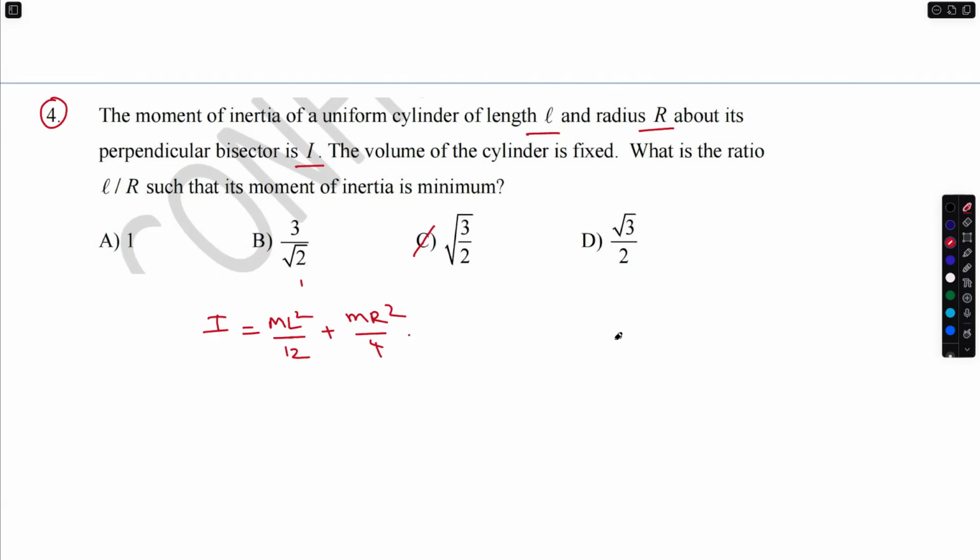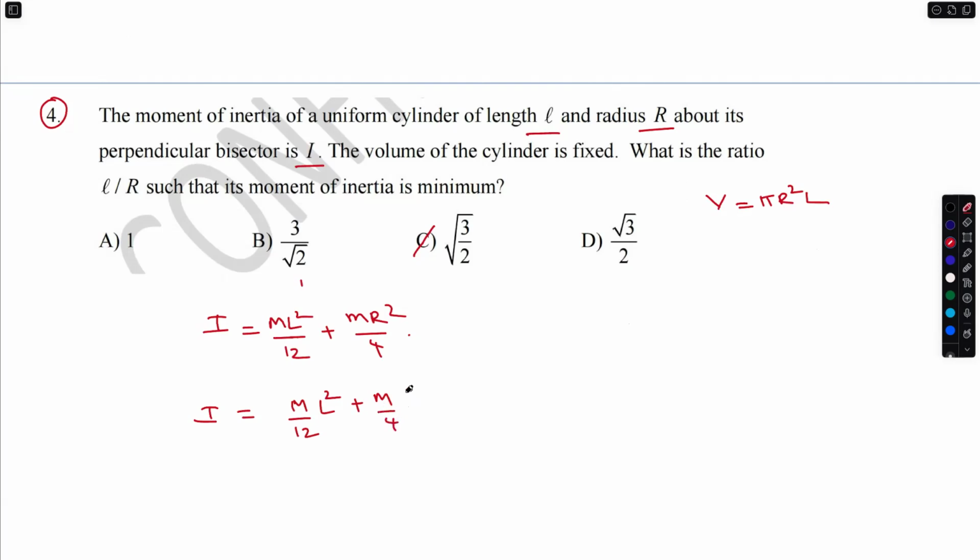What is the ratio of L by R such that the moment of inertia is maximum? No issues. Volume fixed, which is pi R square L. So where there is R square term, I will write V. Now moment of inertia is M by 12 times L square plus M by 4 times R square.